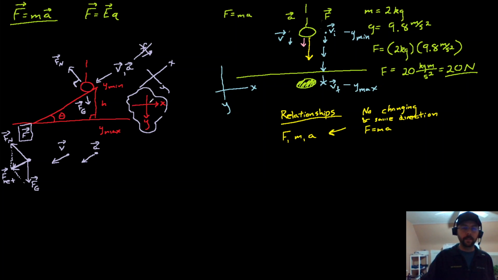So let's take my XY axis here in red. The normal force will be equal and opposite to the force of gravity, except only the portion of the force of gravity that would be equal and opposite to this direction, if that makes sense. And what else?